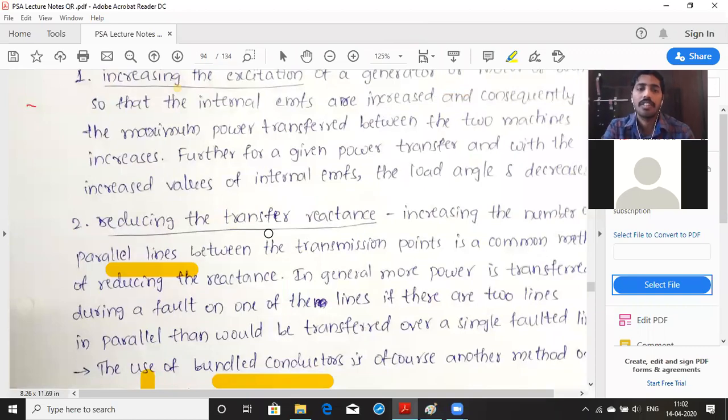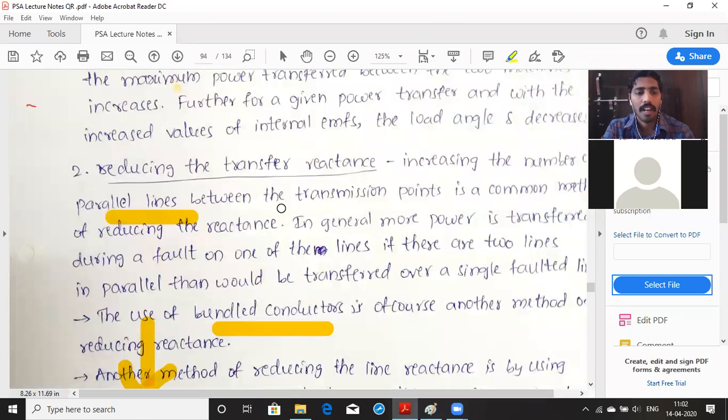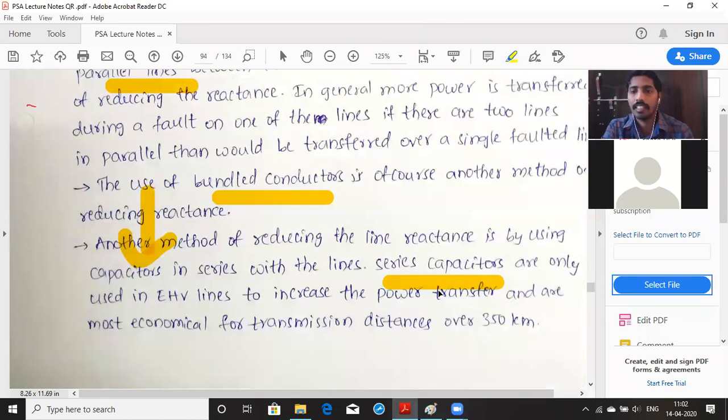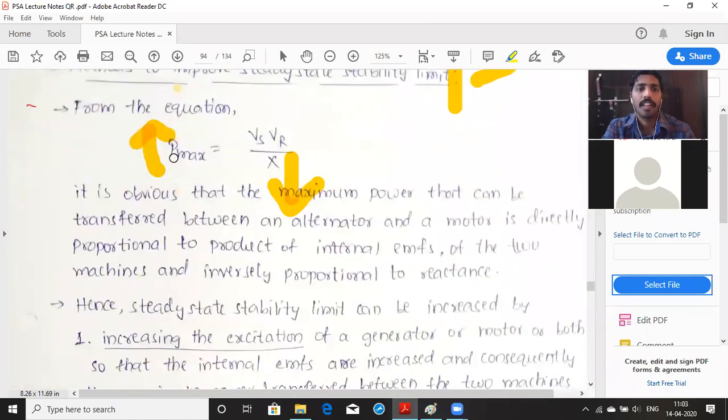Again, in reducing the transfer reactance, we have another 3 methods: parallel transmission lines, bundled conductors, and series capacitors. By these 3 methods we can reduce the transfer reactance, and by increasing excitation we can also increase the power transfer from the generator side to the load end side.